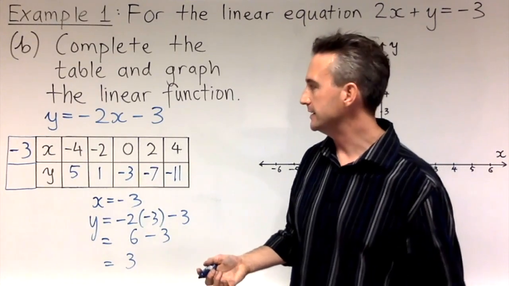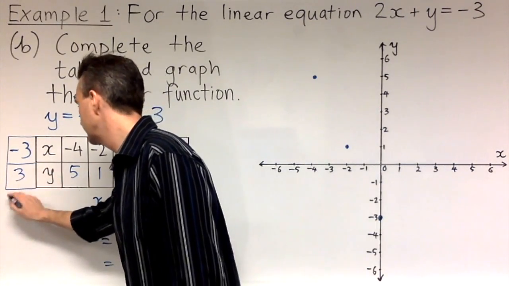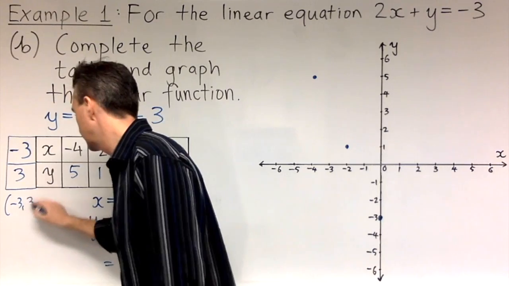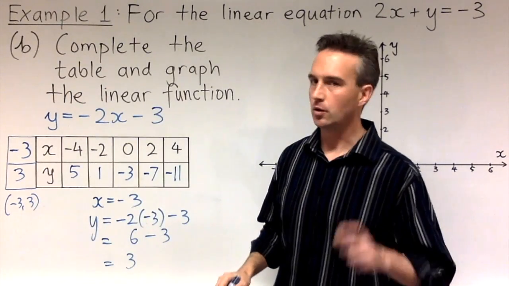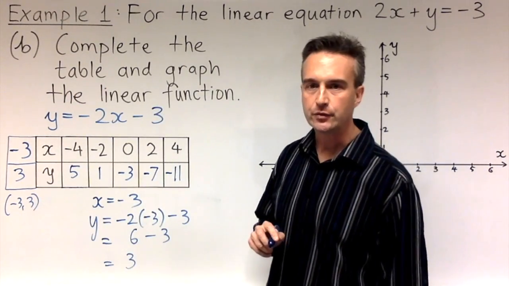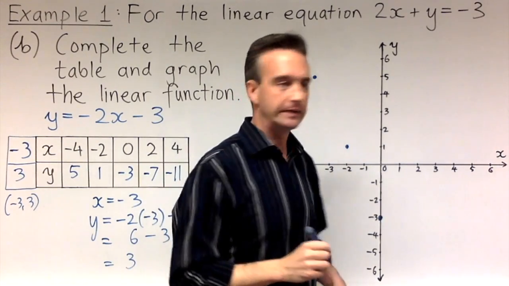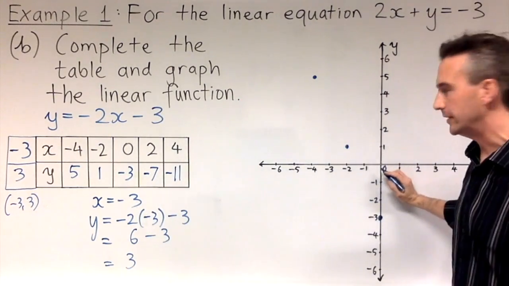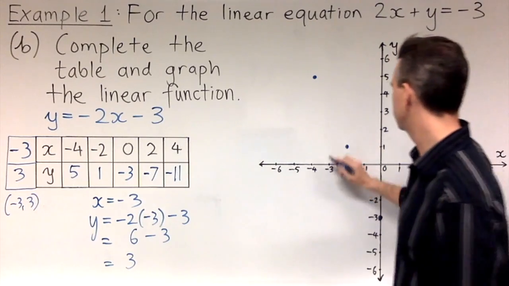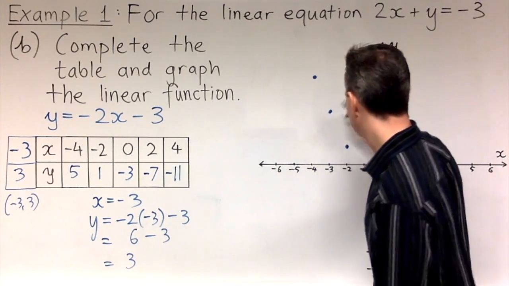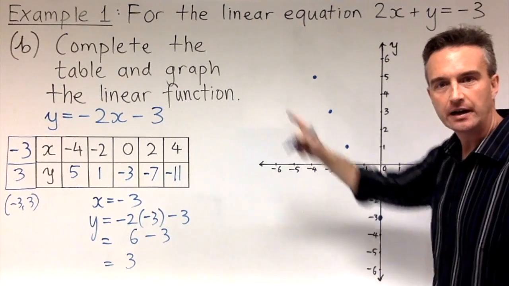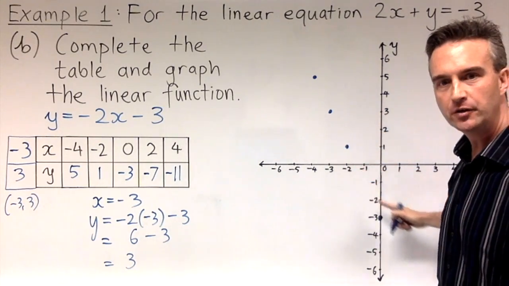Our y value for that is 3. Which gives us another point or ordered pair, negative 3, 3. Let's plot that on our coordinate plane. Negative 3, 3. And once again, the points are continuing to line up very nicely.